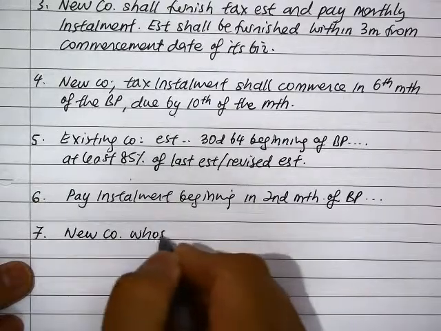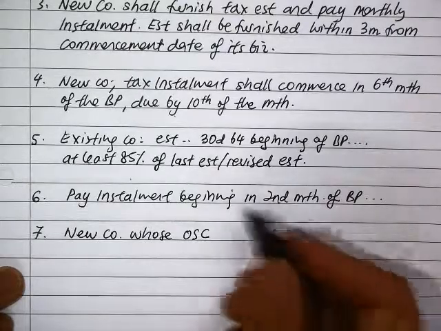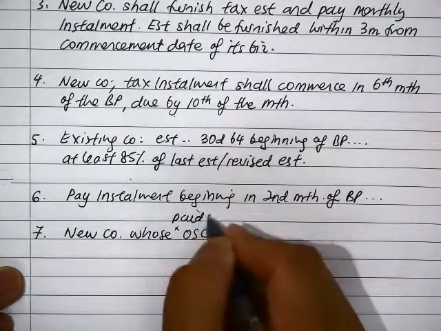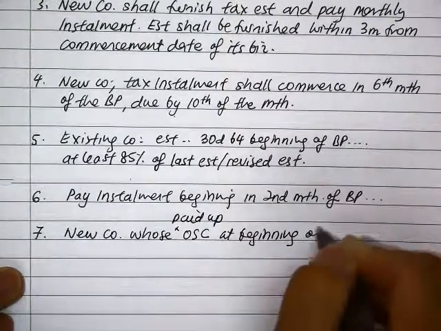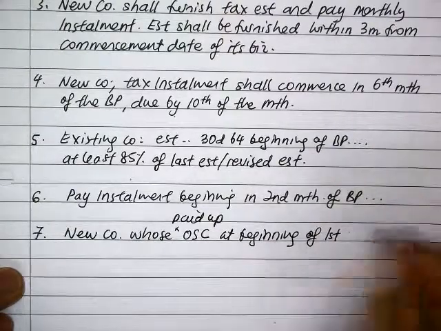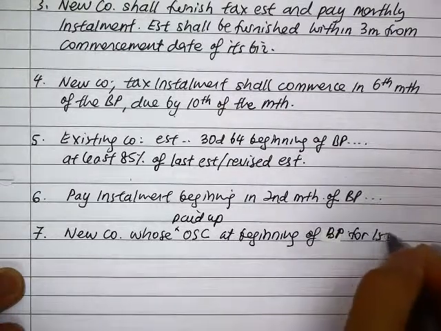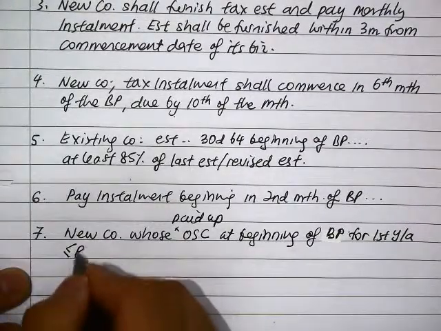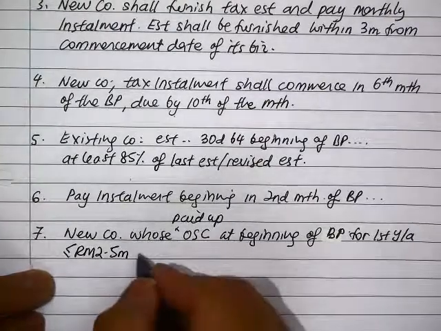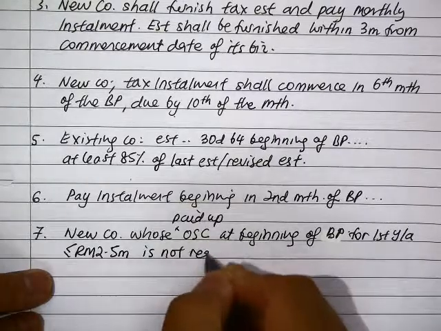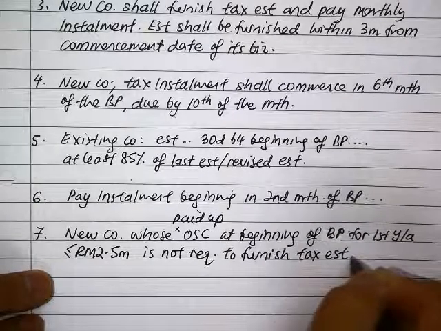New company whose ordinary share capital paid up at the beginning of the basis period for the first year of assessment is not exceeding 2.5 million, is not required to furnish tax estimate.